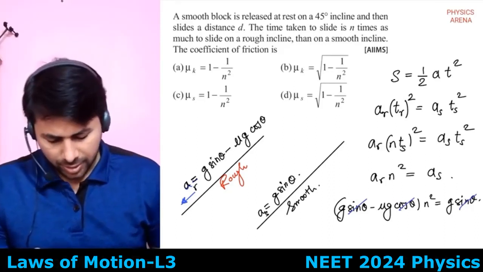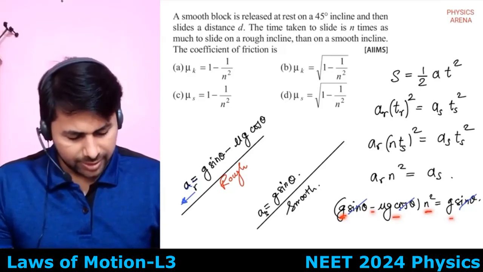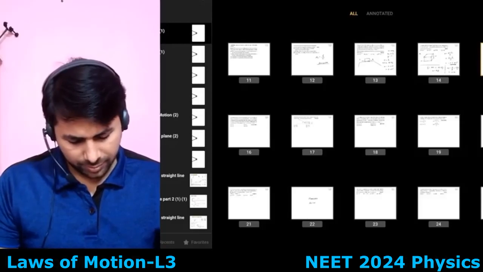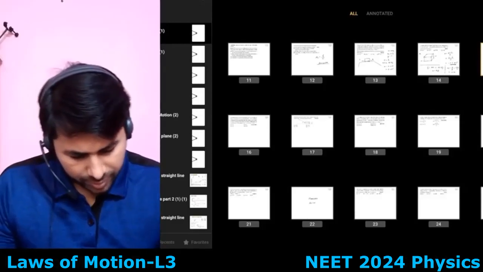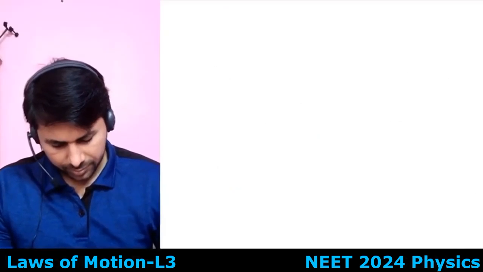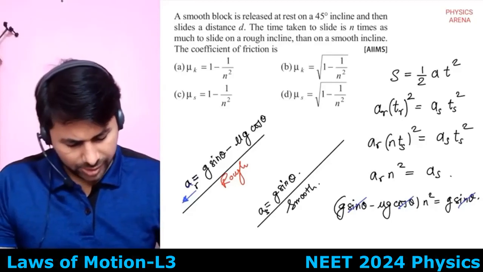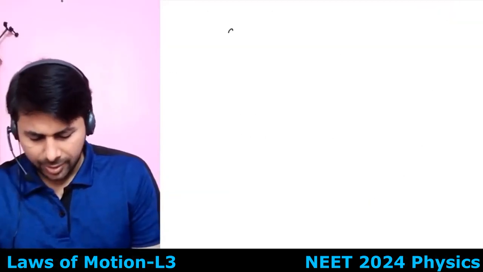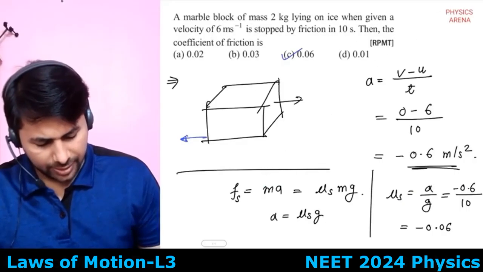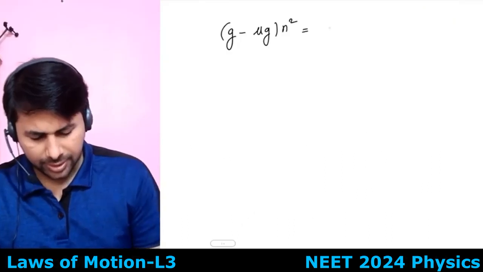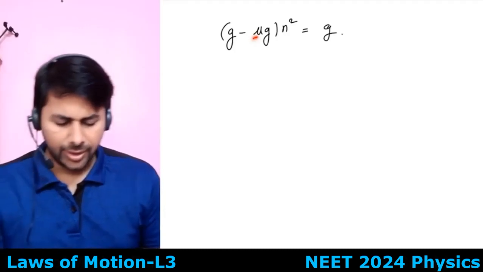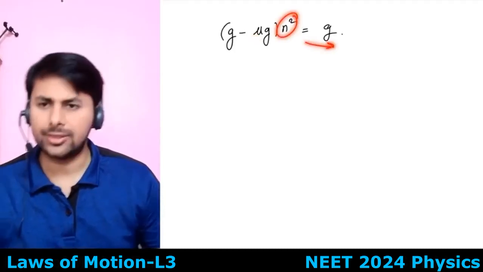So we have g minus mu g into n square is equal to g. And I want mu, so I will take that n square on the other side.